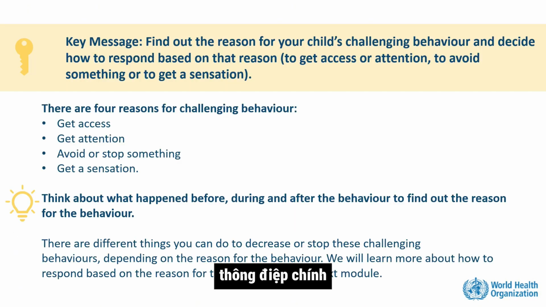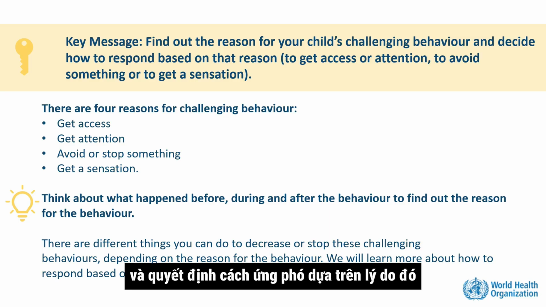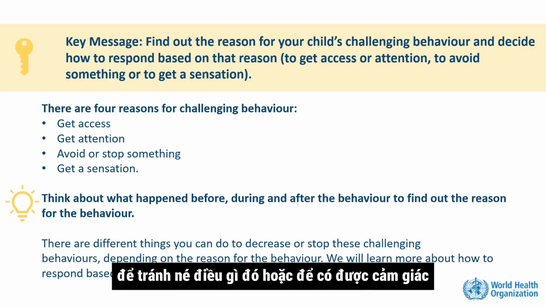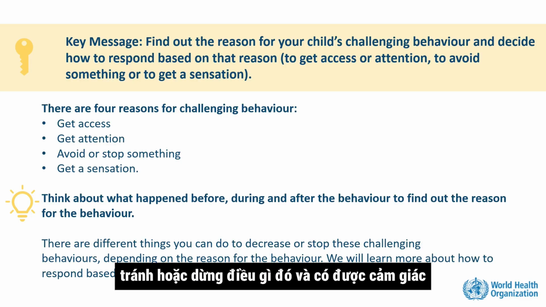Key message: find out the reason for your child's challenging behavior and decide how to respond based on that reason, to get access or attention, to avoid something, or to get a sensation. There are 4 reasons for challenging behavior: get access, get attention, avoid or stop something, and get a sensation.